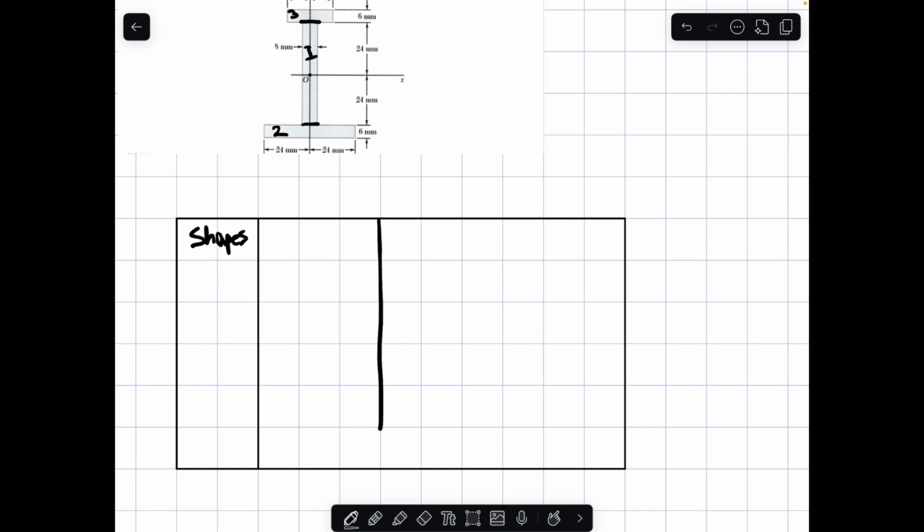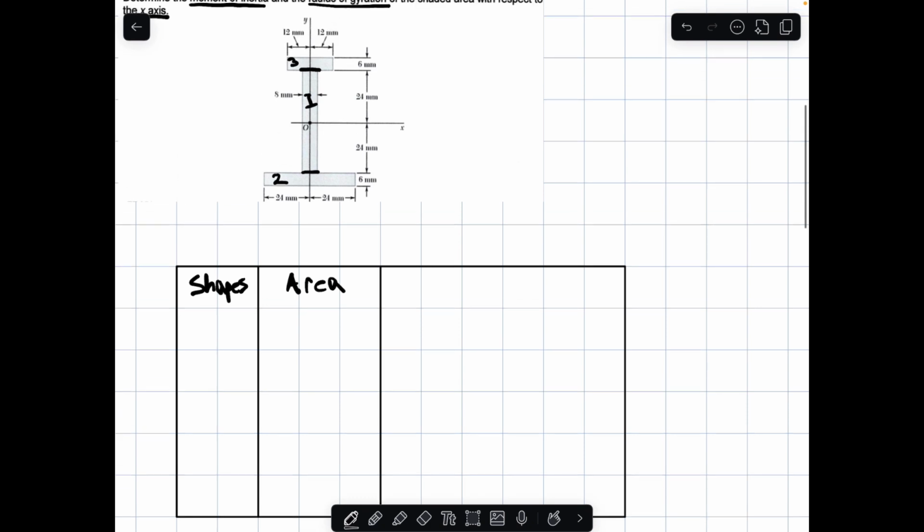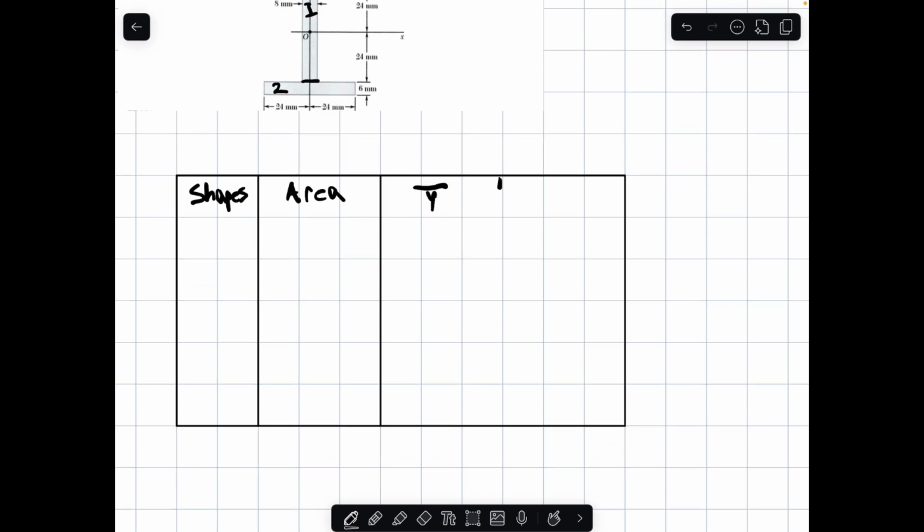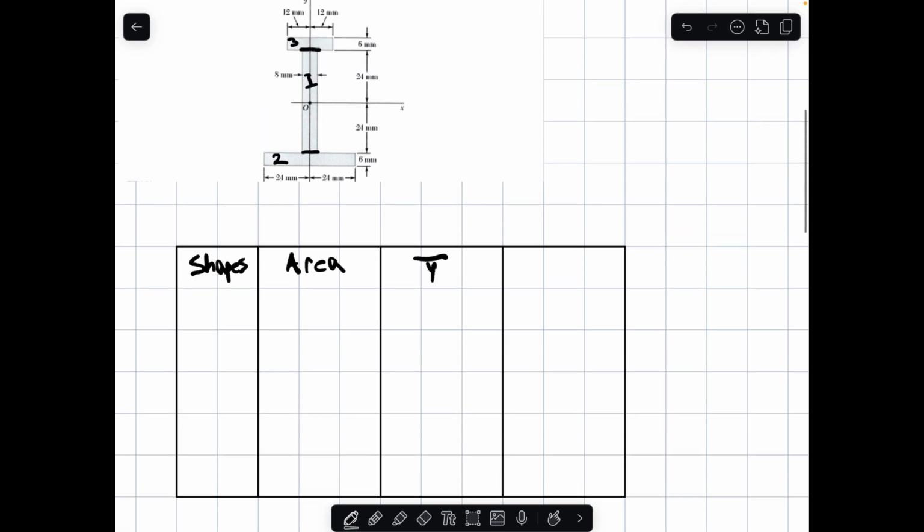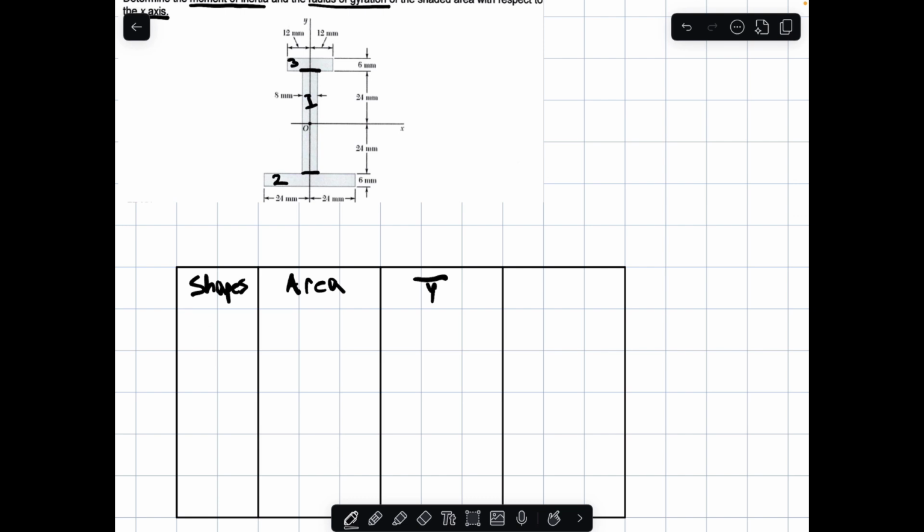And then we need to find the area. Then we need to find y bar for each shape. And then we also need to find the distance of each shape's y bar from the x.